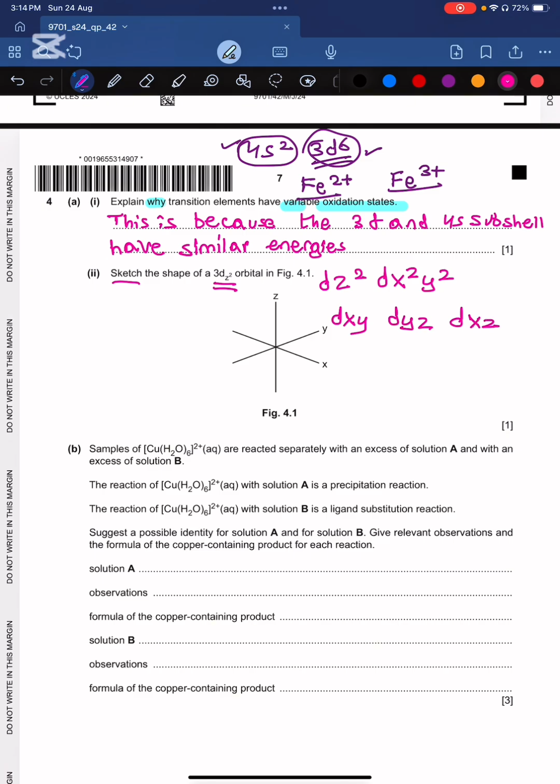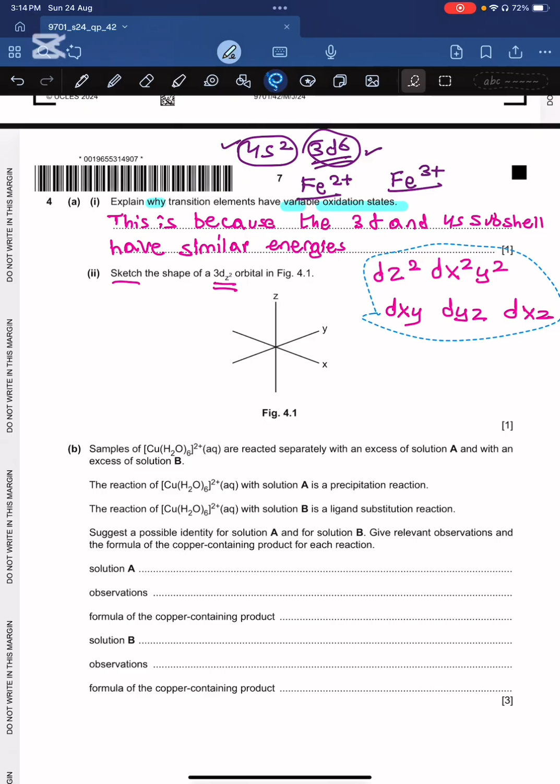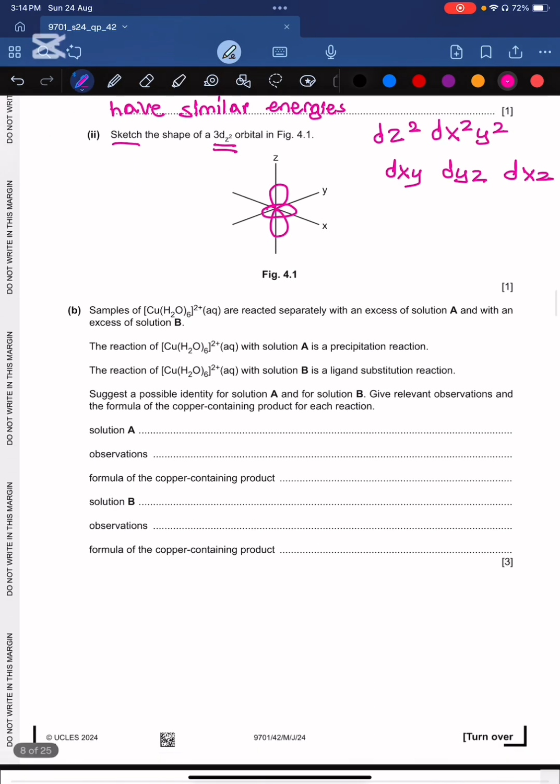These are the five d orbitals that are present. When it's asking us to draw 3d z squared, it simply means to draw a dumbbell on the z line and draw an oval shape around the dumbbell, just like this, and we're done.